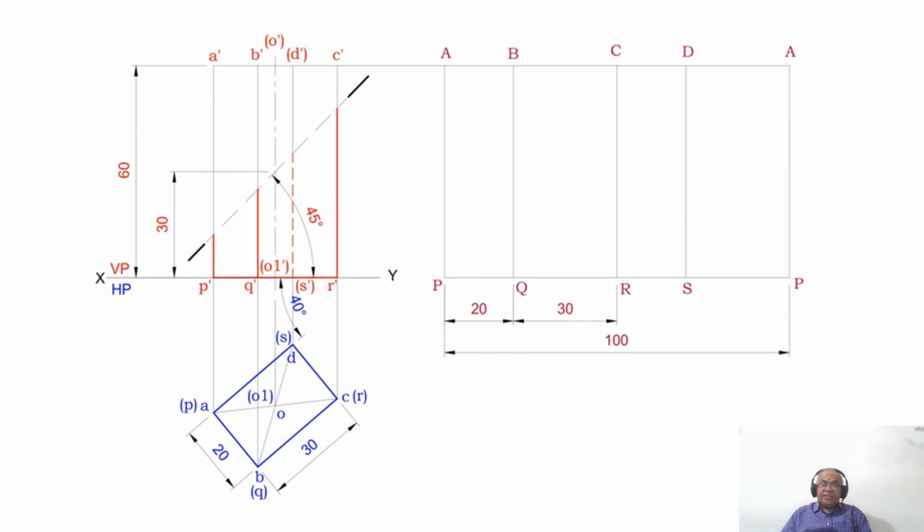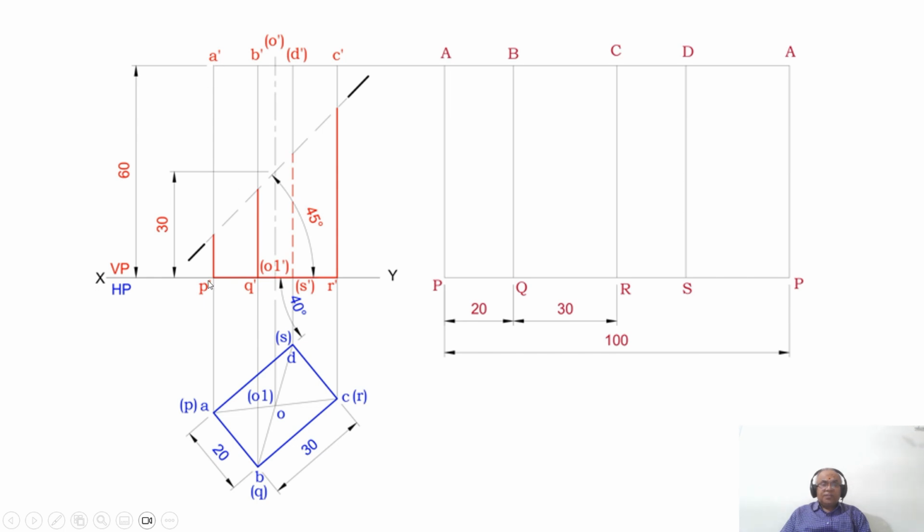Once the section plane is induced, what do I need to do? Wherever the section plane is passing or cutting, I need to open those points here. How to start? Initially we have to cut along AP and then open it. Here A dash B dash is parallel to VP, so you are getting the true length.